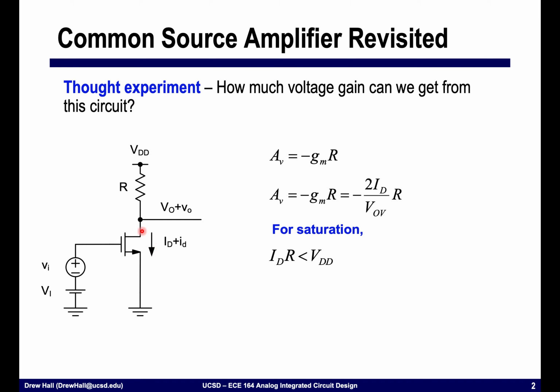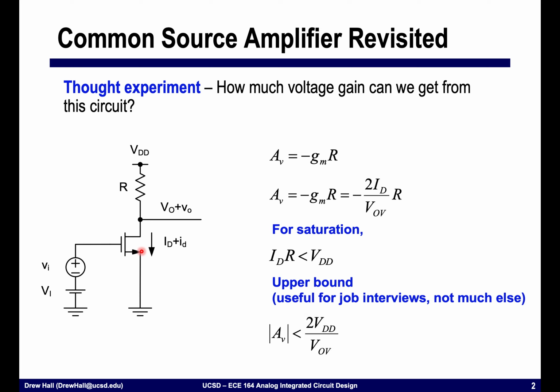That's simply to say that I have enough VDS of this transistor in order to keep it in saturation. This condition is not entirely sufficient, but it places an upper bound. If you think about truly maximum upper bounds, you would come to the conclusion that the maximum gain has to be less than 2 times VDD divided by VOV.